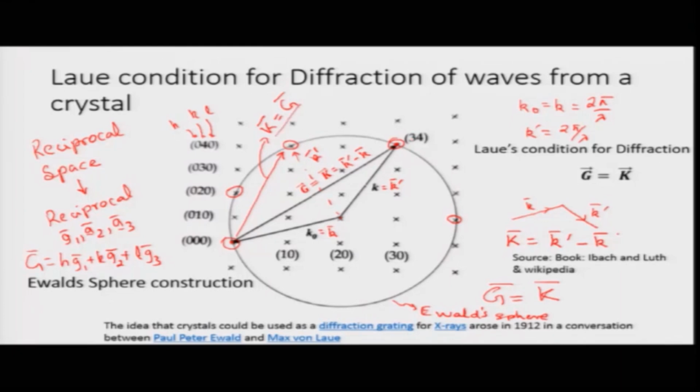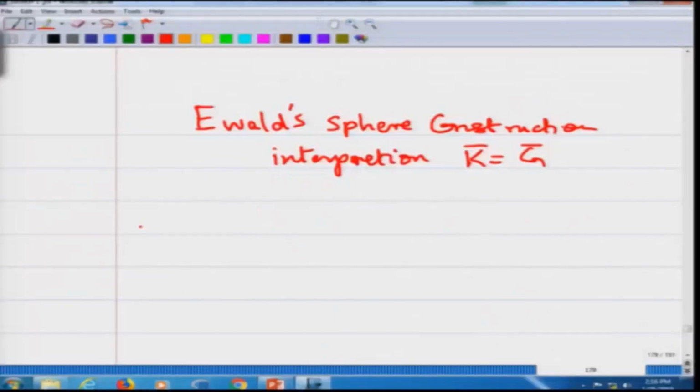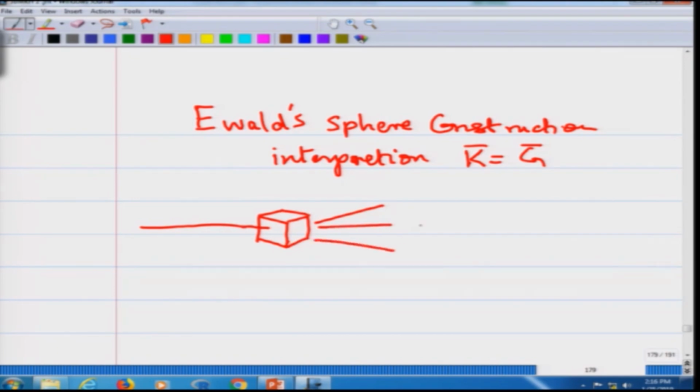and this is your Laue condition. So, if you recall that we had seen, if you have an incoming beam of X-rays which is falling on a crystal, then this beam scatters, and if you look at the distribution of points on a screen, you will see a bright spot and you will see a set of bright spots.